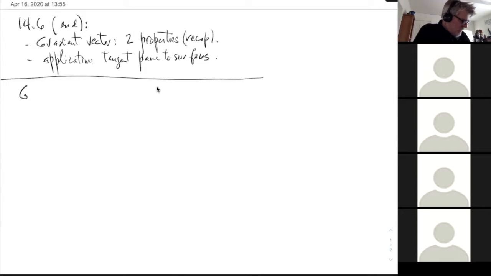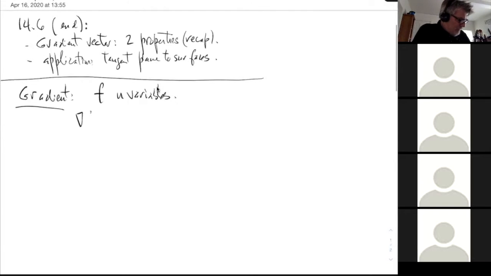Okay, so gradient. In gradients, I have a function f, let's say of n variables. So the gradient of f, let's say x bar is some point in the domain of f, and I'm assuming f is a nice function.